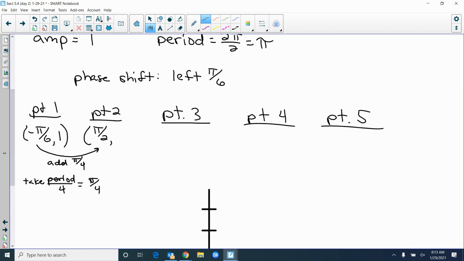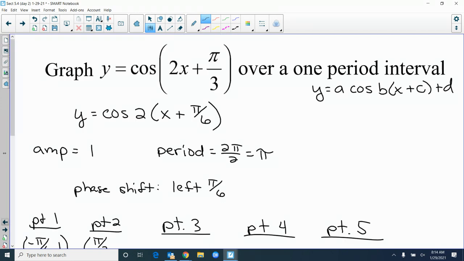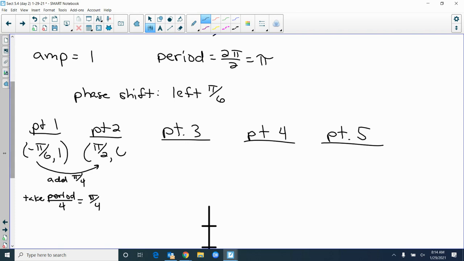What's the y coordinate going to be? It's going to be 0. Oh, that should be a 12. 0. All right, add pi over 4.